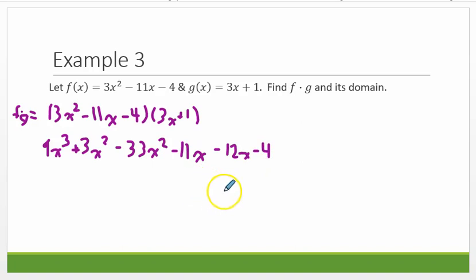Now make sure you do look for any like terms. For example, I have an x squared and an x squared here, so those can be combined. I also have an x to the first power and an x to the first power, so those two can be combined. So we just want to simplify this as much as possible. So I will write my answer instead as 9x cubed and then +3 minus 33 would be -30.